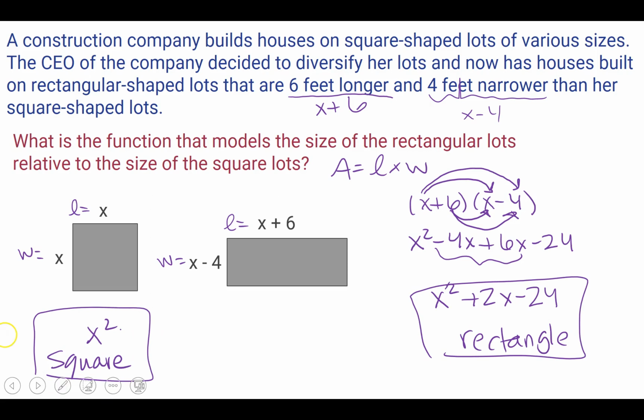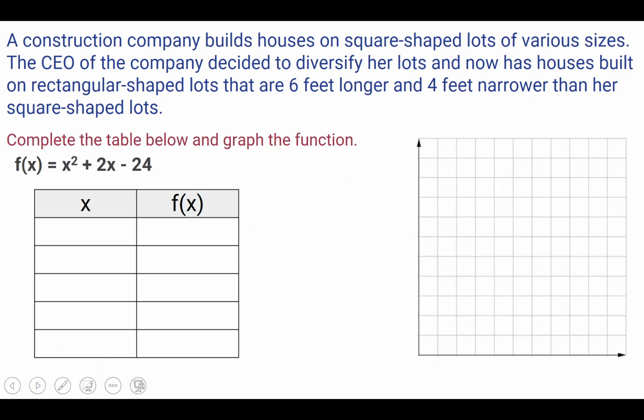So from here, we're going to start plugging things in. We're going to compare the area of the square to the area of the new lot by using this new function. That's going to represent our rectangle, and this over here is our square. I'm going to tell you what values to plug in because they are houses.